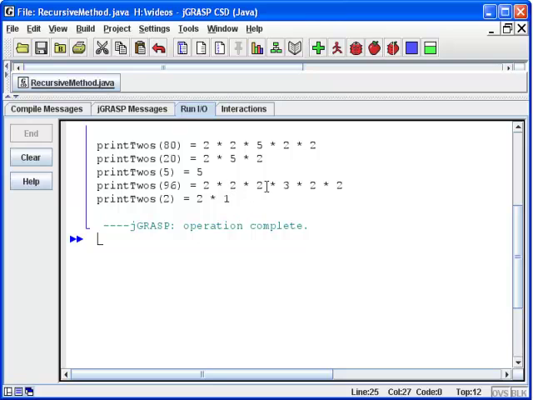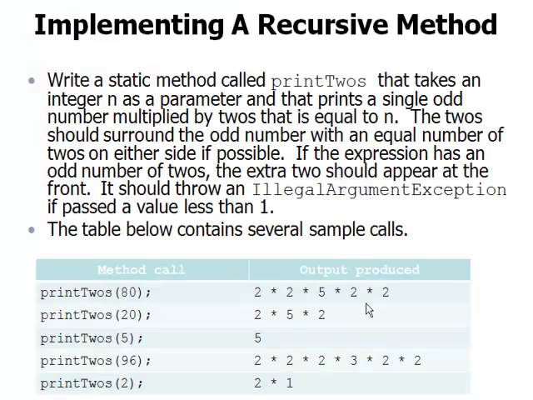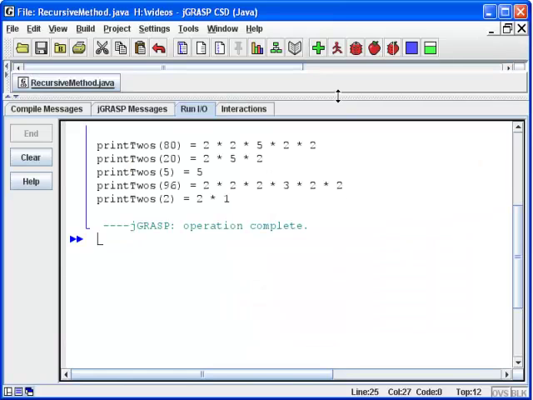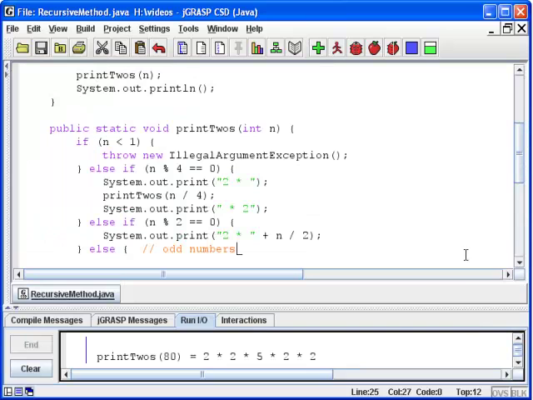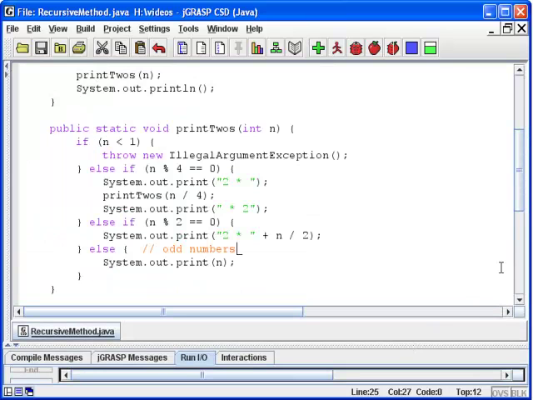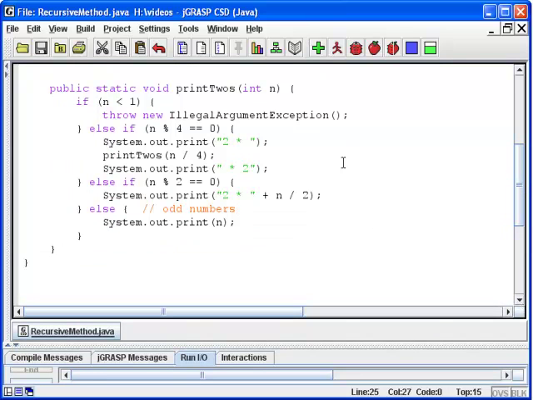But now we're getting the answers that we wanted before. Instead of getting a 6 here, we have a 2 times 3, and we have 2 times 1 here. And that was what we were looking for. Our table shows us here. And so that ends up being our overall solution to this problem, is to have those 3 different cases other than the error case.